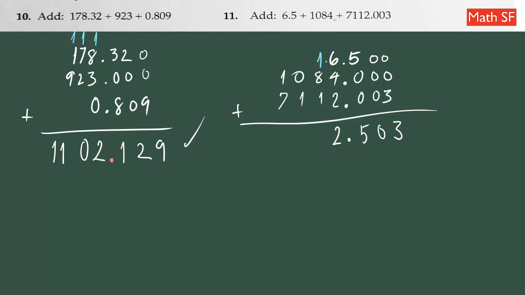So now 1 plus 8 plus 1 becomes 10, so you're going to carry another 1. 1 plus 1 becomes 2. 1 plus 7 becomes 8. And our final answer will be this.